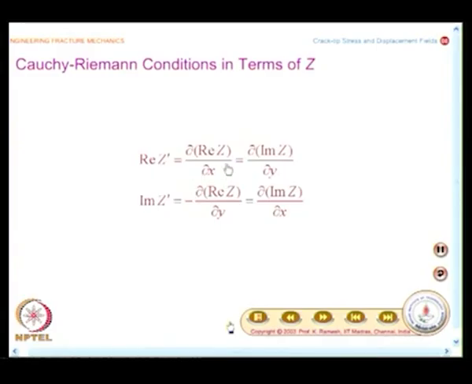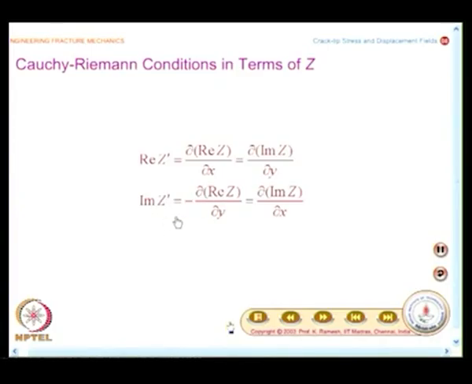On the other hand, if you look at the imaginary part, when I differentiate with respect to y, the left hand side is the real part of Z prime. When I differentiate with respect to x, the real part remains real, whereas when you differentiate with respect to y, there is a flip over: the imaginary part turns to real, and in the next equation, the real part will turn to imaginary.